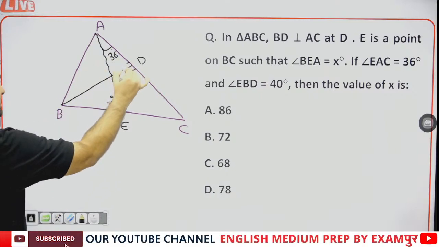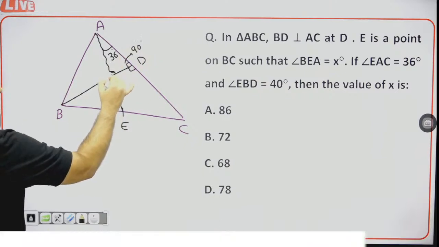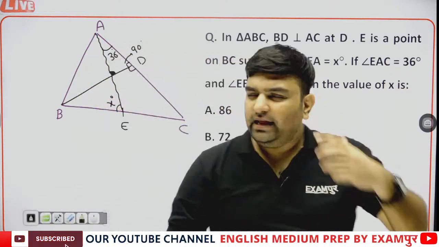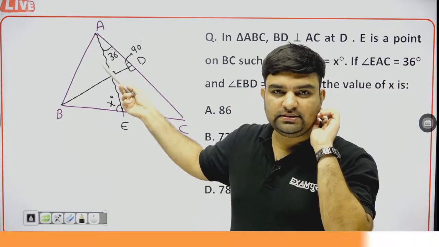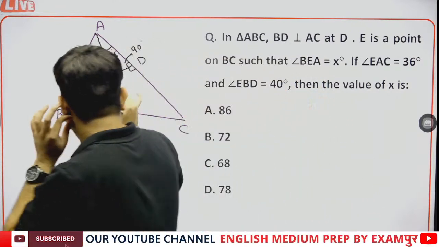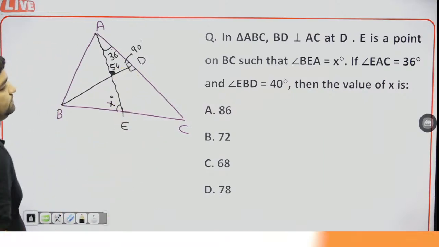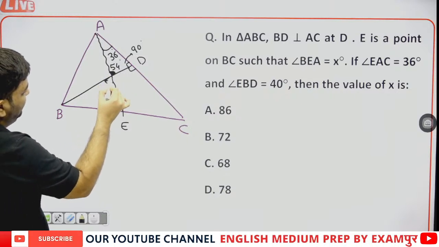This is 90. What is this then? 90 minus 36 is 54. Vertically opposite angles: if this is 54, this is also 54.